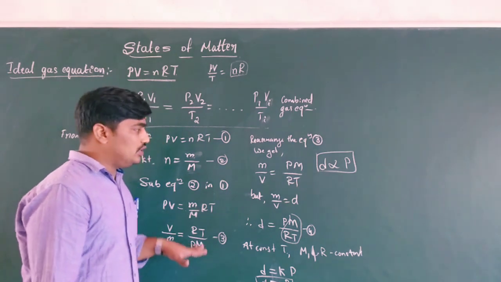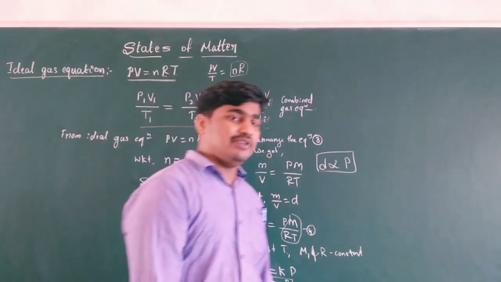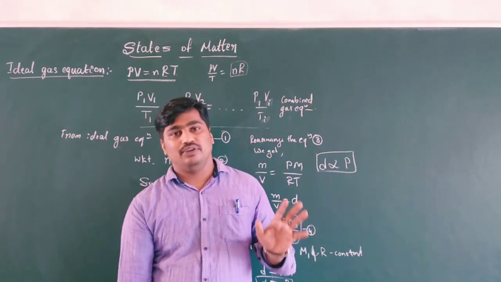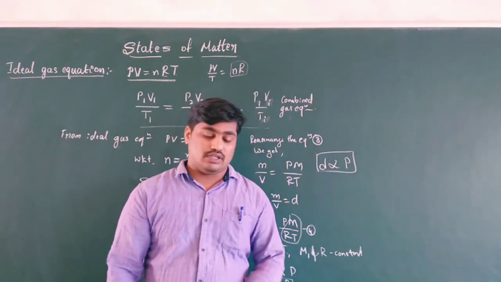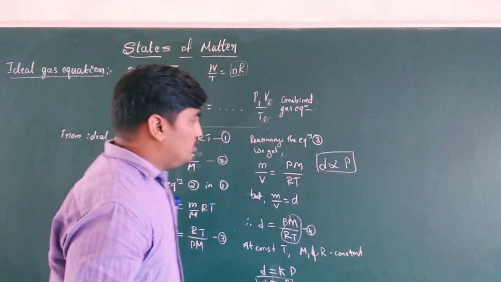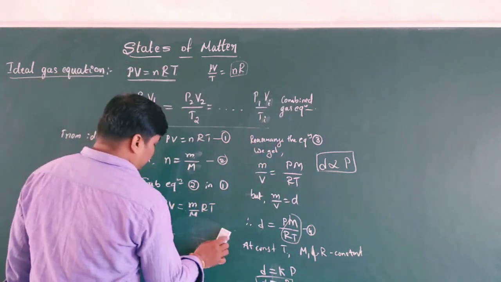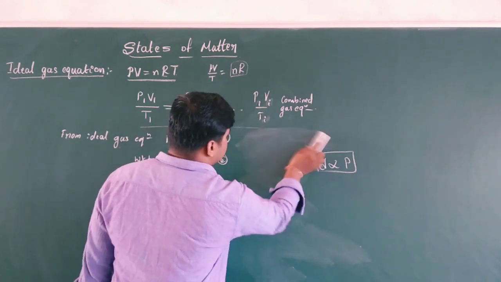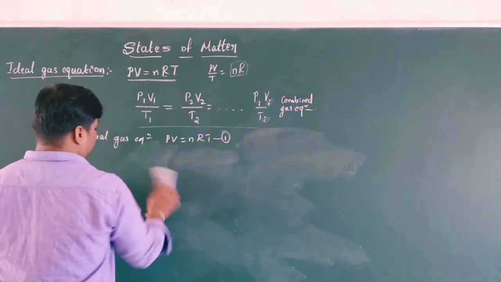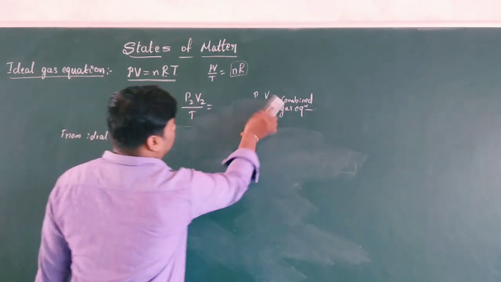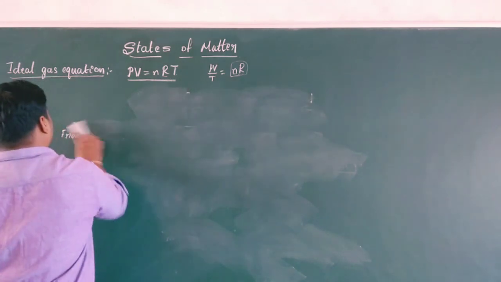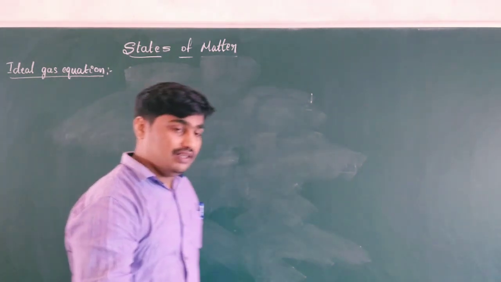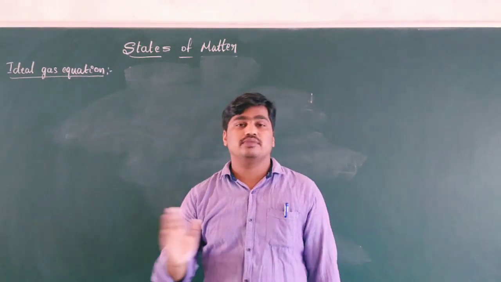This equation comes from the ideal gas equation. It's the same equation we derived in the case of Boyle's law also. So, this is about the ideal gas. Next, when does a real gas become ideal?